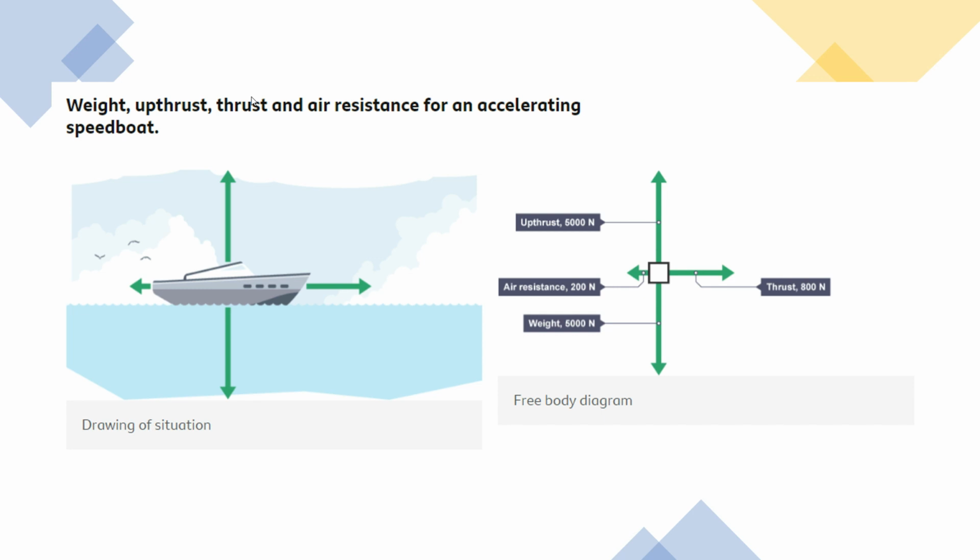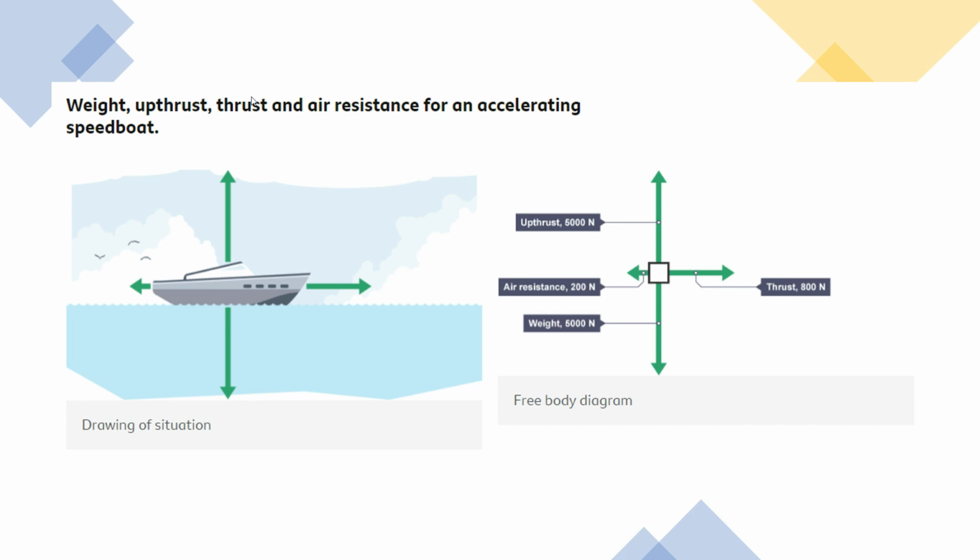It can be gas, it can be steam, it can be anything. So for this boat, the mechanical steam engine or diesel engine is applying a force, moving the boat with a force of 800 newtons in the forward direction.